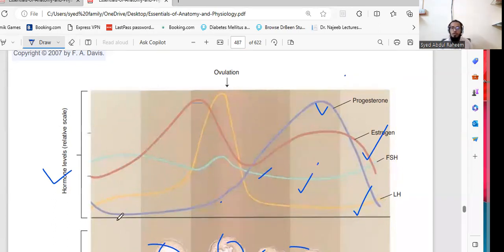We have estrogen and FSH for complete maturation, and progesterone for further development of the ovum, creating the environment it needs.